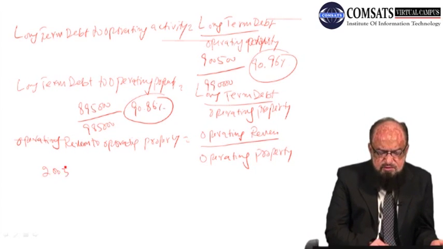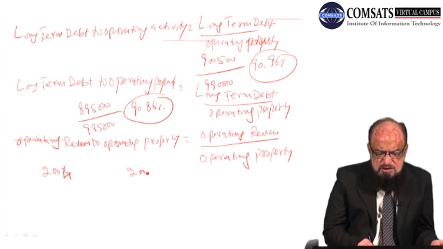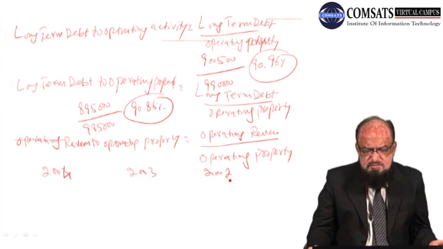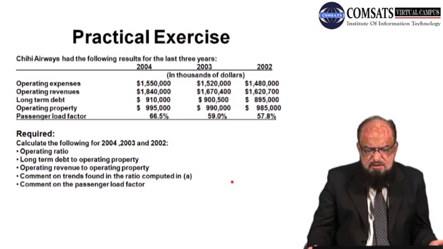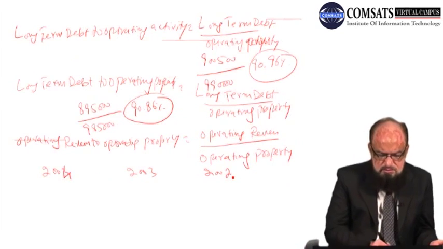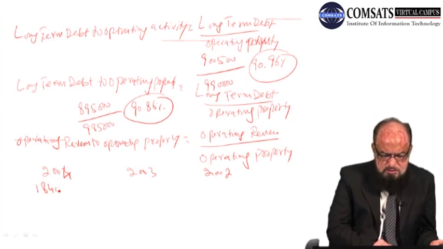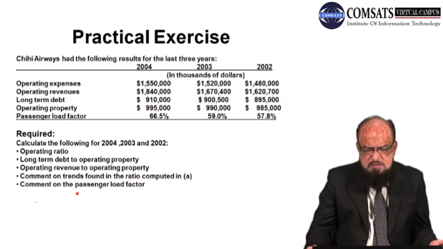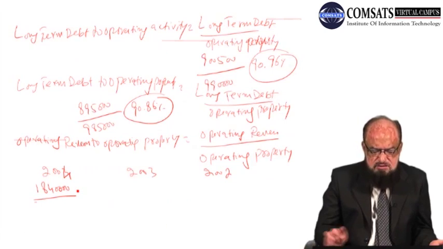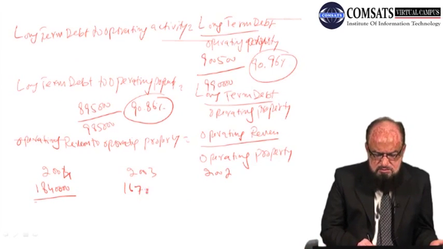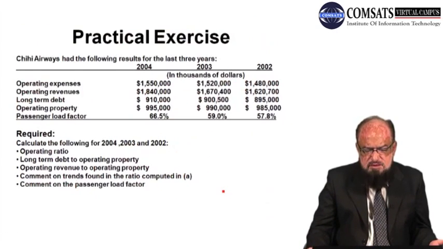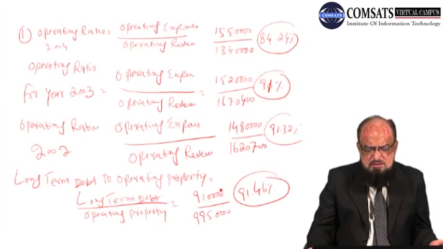Given 2004 first of all, then 2003, then 2002, we take the data. Operating revenue from the question: $18,40,000 for 2004, then for 2003 $16,70,400, then for 2002 $16,20,700.